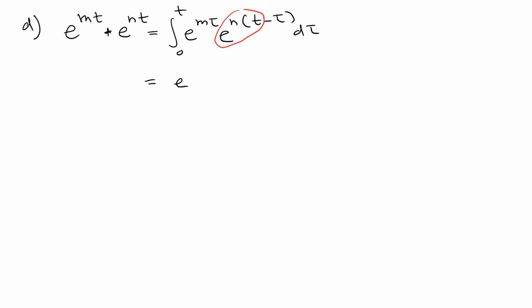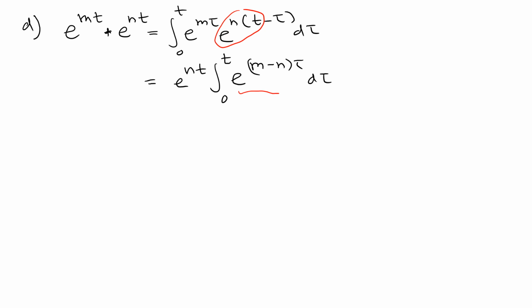So when you do that, you get e to the nt times the integral from 0 to t of e to the (m minus n) tau d tau.